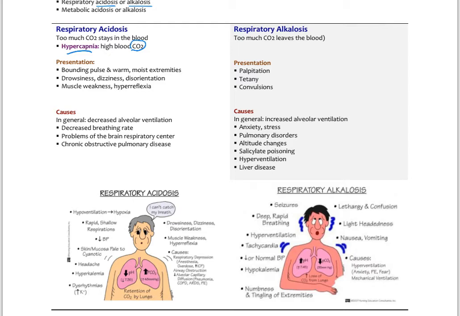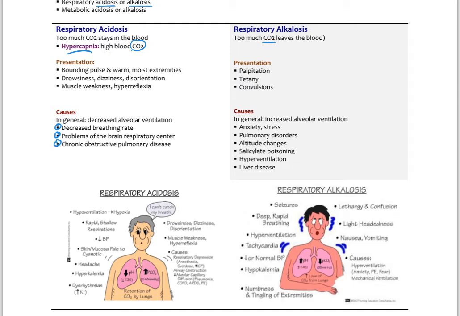So either a decreased breathing rate, problems in the brainstem with that respiratory center we spoke about earlier, or chronic obstructive pulmonary disease where we don't have proper ventilation in the lungs. So that can create respiratory acidosis. That's going to put extra strain on the kidneys, but the kidneys often can't keep up with a lot of that acid waste.